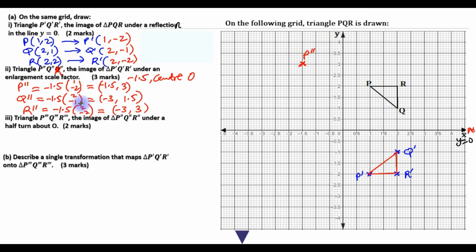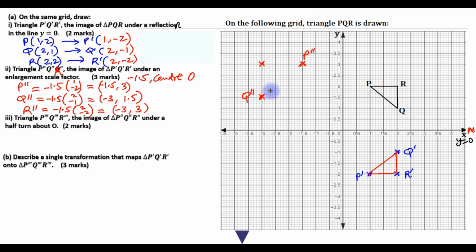Then Q double prime is (-3, 1.5). So that is the point, Q double prime. And finally R double prime is (-3, 3). So that is it.